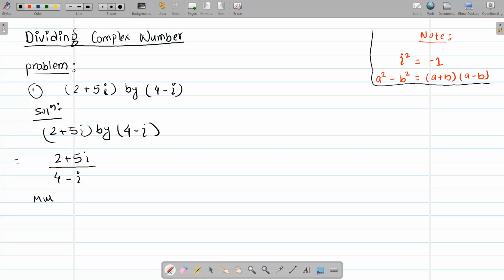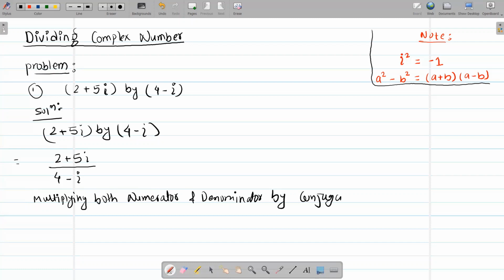multiplying both numerator and denominator by the conjugate of its denominator.